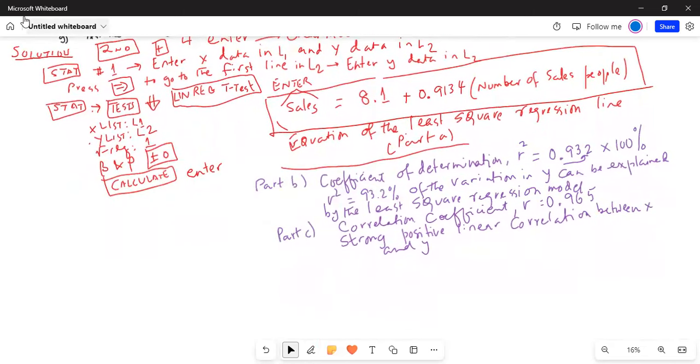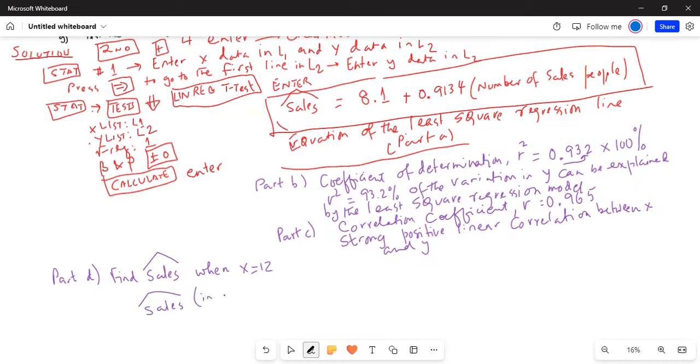So part D, let me do it over here. Part D, find predicted sales when X is equal to 12.